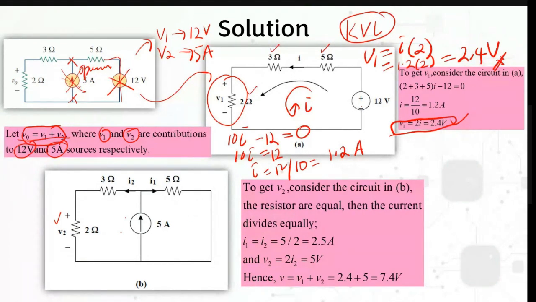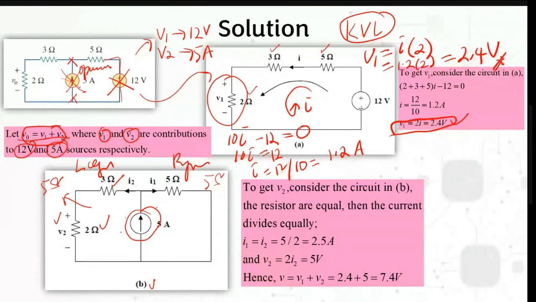For this V2 you can use node voltage or whatever you like, but for this one, consider the circuit in B. If you sum the resistors on the left side and the right side, you can see that the total resistance is the same: 3 plus 2 is 5 ohm on the left, and 5 ohm on the right, and then we have the 5 ampere source here.